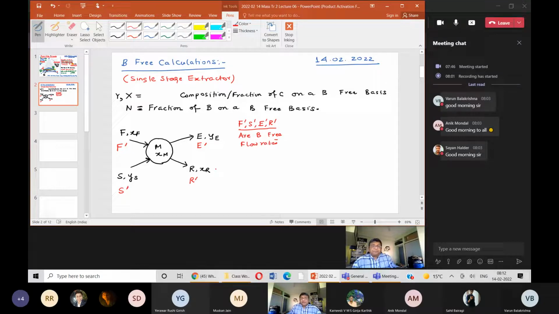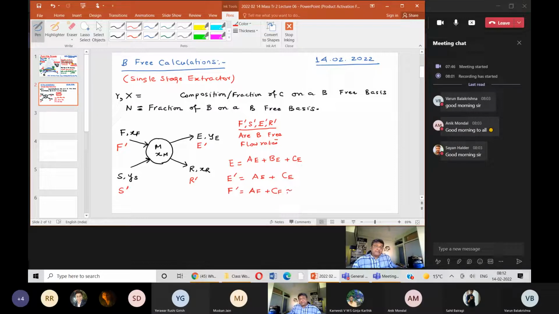It's very simple. Let's say we are looking at E. E means A in E plus B in E plus C in E, right? What E dash means is A in E plus C in E. Similarly, F dash would mean A in F plus C in F, right?